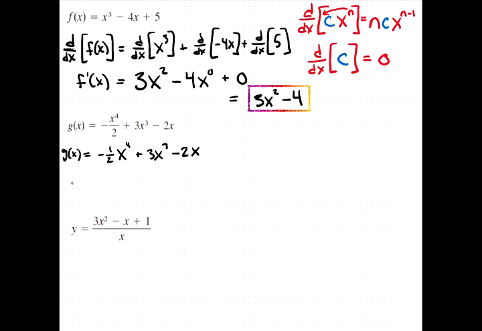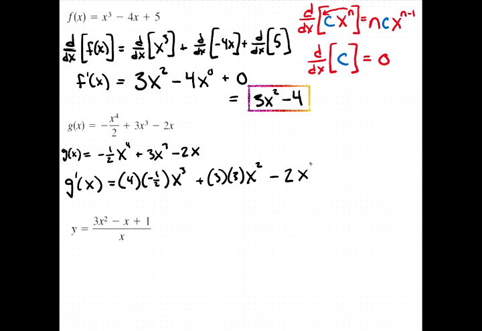So when we apply the power rule, we'll have g prime of x is equal to, well, the 4 comes out front, so we have 4 times negative 1/2 times x to the third power plus, now with that second term, the 3 comes out front, so that's 3 times the 3 that's already there, times x to the second power, power drops by 1, minus 2 times x to the 0 power.